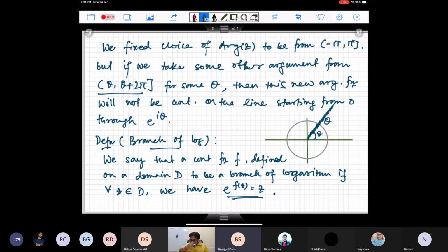Whereas if I take some other subset of C, like the ones we had taken, in those kinds of sets we can perhaps define a branch of logarithm. So let me do that.